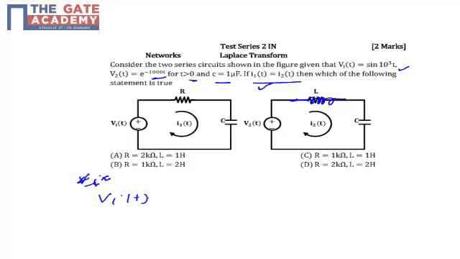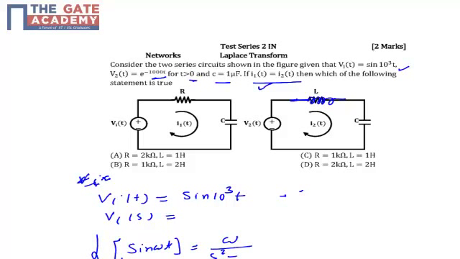The problem gives V1(t) as sin of 10^3 t. We know that the Laplace transform of sin omega t is omega upon s square plus omega square. It is a standard formula. Similarly, the Laplace transform of sin 10^3 t is 1000 upon s square plus 1000 square.